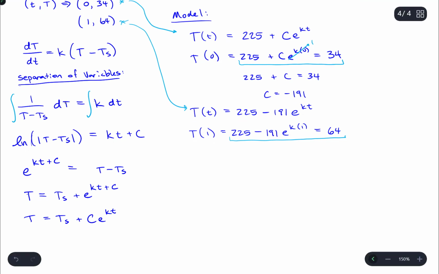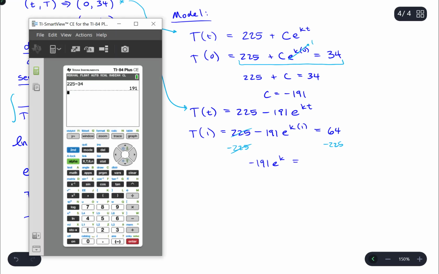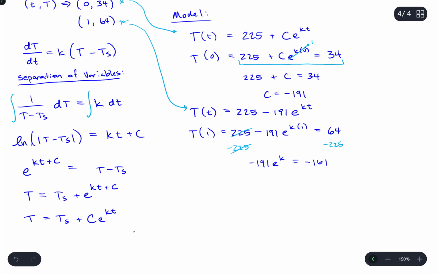All right, so first thing I will do is take that equation, subtract 225 from both sides. So that would give me negative 191 e to the k equals 64 minus 225. So that's negative 161. All right, and then if I divide both sides by 191, I get e to the k equals, and I'm just going to leave it as this, 161 over 191.